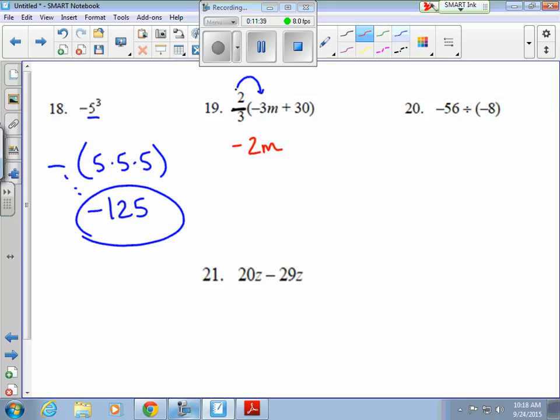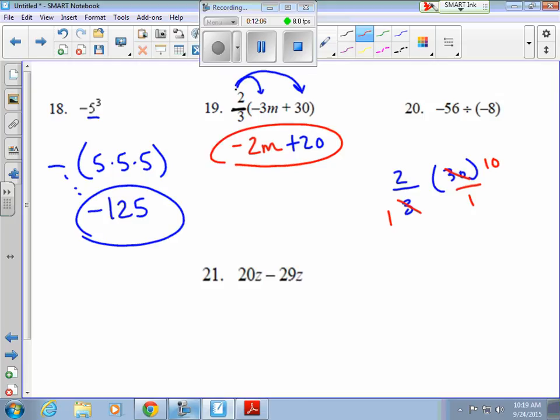And 2/3 times 30. 30 is 10 plus 10 plus 10. That's your 3 parts of 30. So 10 plus 10 would be plus 20. If that doesn't work for you, do it like this. 2/3 times 30, again, over 1. This cancels itself out. It goes into itself once. This goes into it 10 times. And 2 times 10 is the same 20 that we have right here.